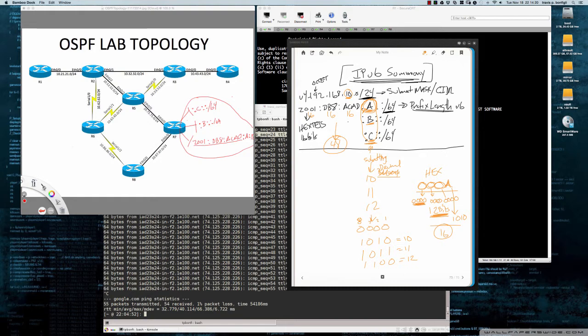All right, so when we look at this, we're really looking at the last 4 bits inside that hextet. And if you remember from your studies, 4 bits is equivalent to a nibble, where 8 bits is equal to a byte. So 4 bits is just a nibble.